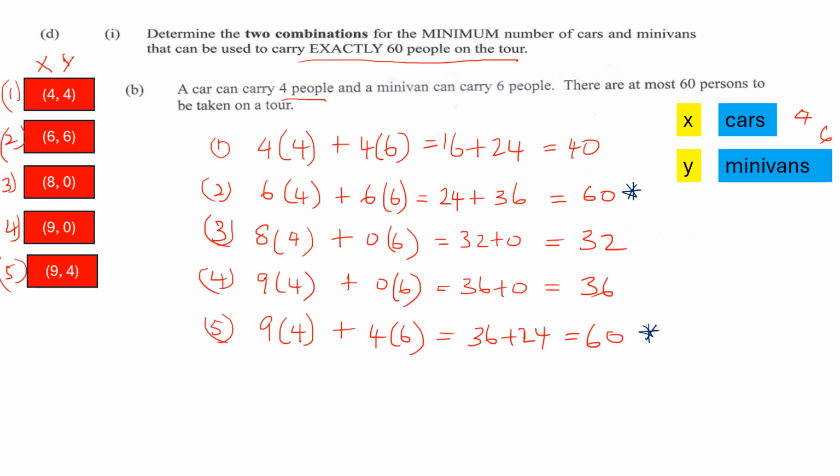Alright, so the combinations will be 6 cars and 6 minivans. This one here is 9 cars and 4 minivans.